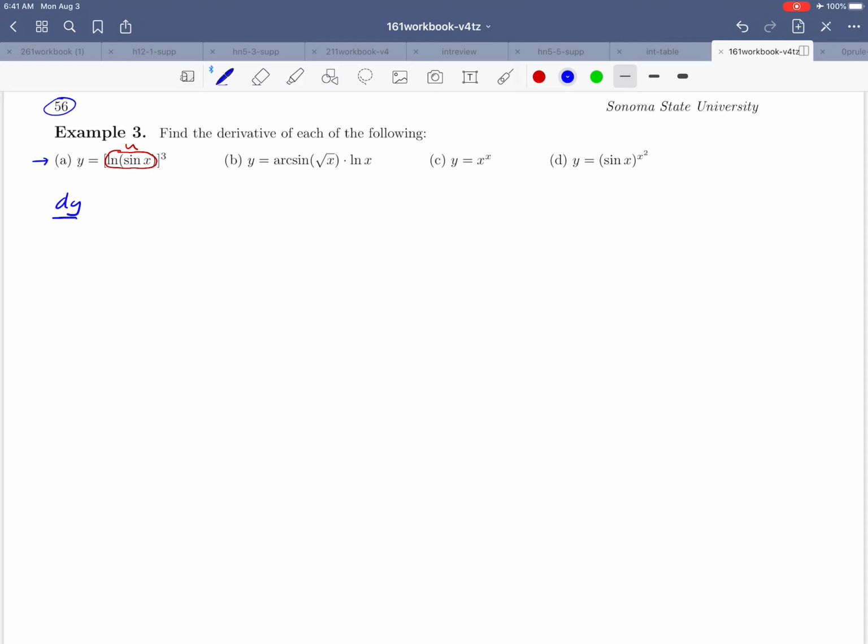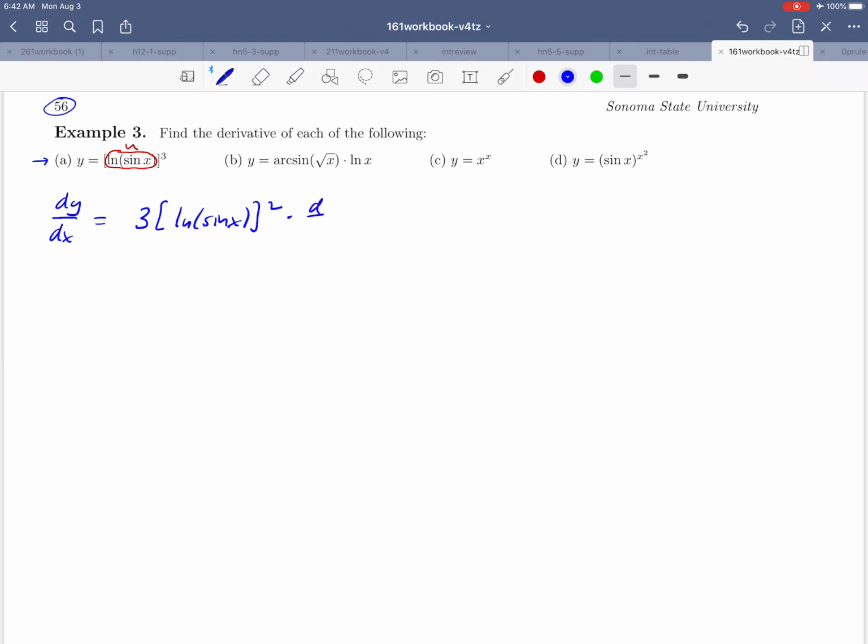So to find dy/dx, we are really trying to take the derivative of u cubed. u cubed is our whole function. How do you take the derivative of u cubed? Well, that's going to be a power rule. You're just going to get 3u squared, and in our case, u is ln of sine of x. So we're going to get 3 times ln of sine of x, squared.